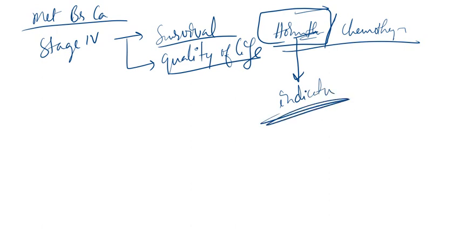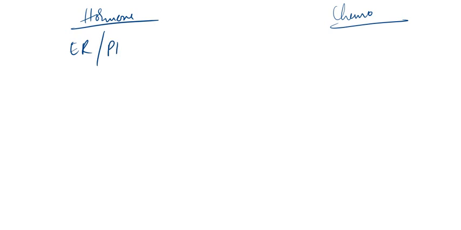Now what are the indications for hormone therapy and chemo? We will discuss here. If there is ER/PR positive, you can go for hormone therapy, but if it is ER/PR negative, go for chemo.